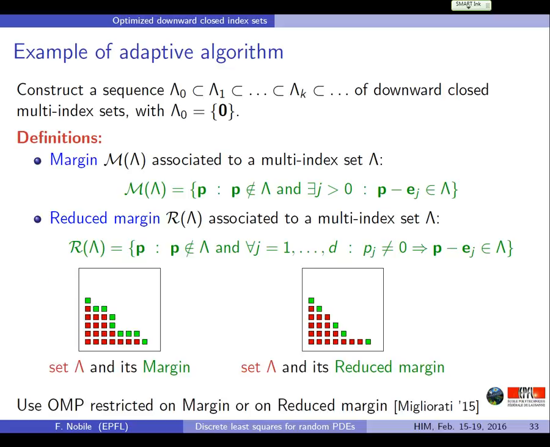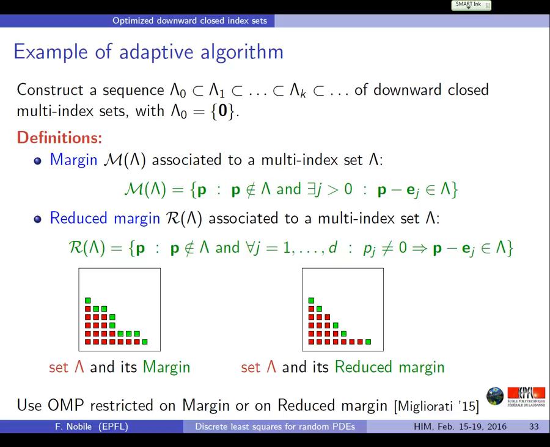So this would be just a very simple example of an adaptive algorithm where red is the set that you have already constructed, and you look at the neighbors. Either you compute the coefficients on the neighbors, on the green points, or you just project the residual. So that would be an OMP type algorithm, but it is an OMP restricted only to looking at the neighboring terms and then picking up the most important ones among the neighbors, and then you update the set and the neighbors, and you let it grow.